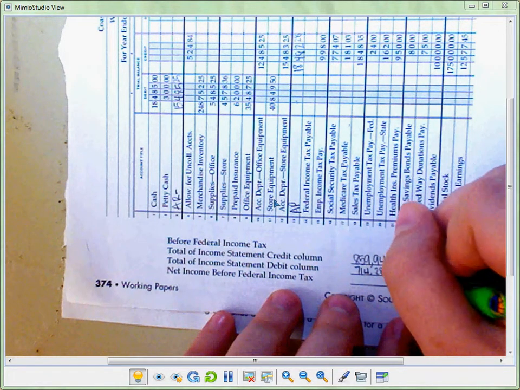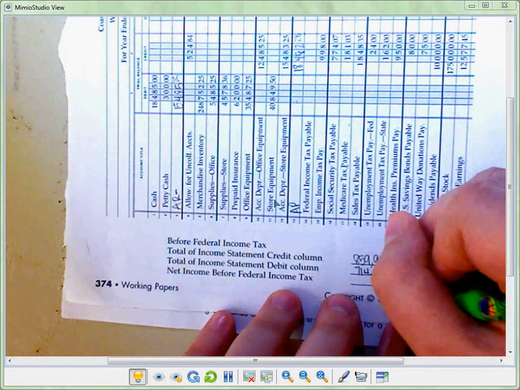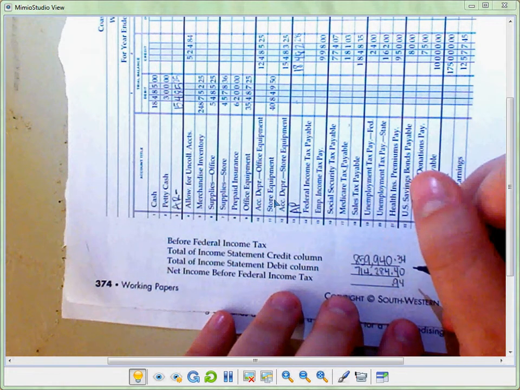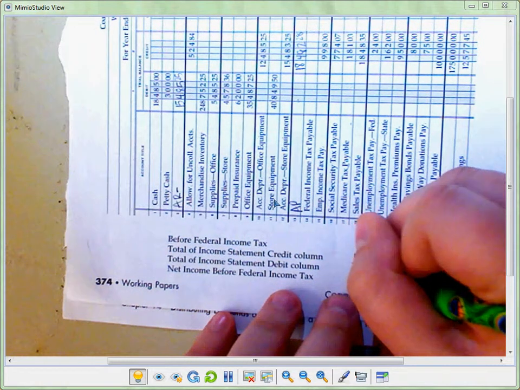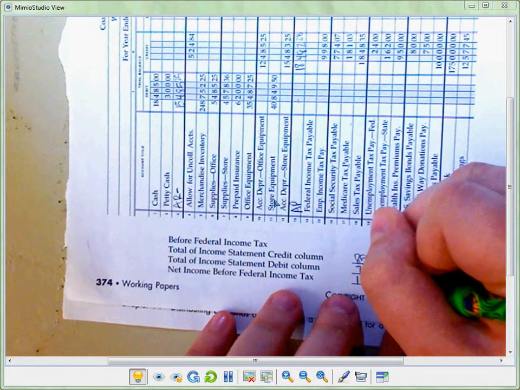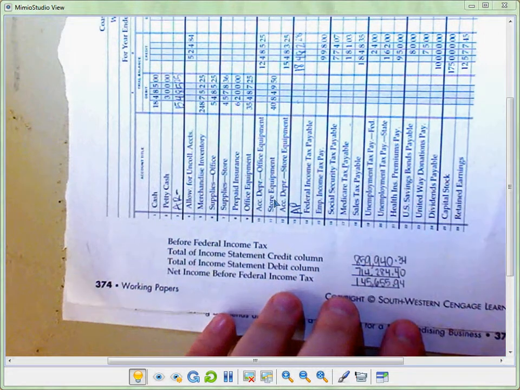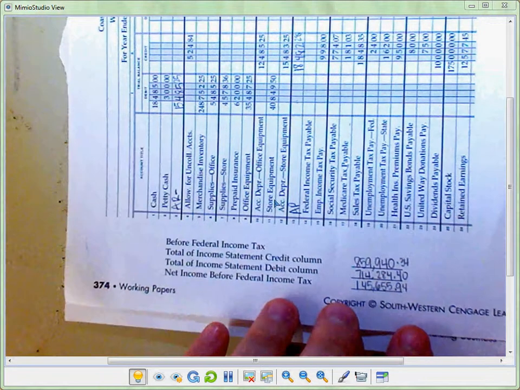It's $145,655.94. Okay, so we have that calculated.